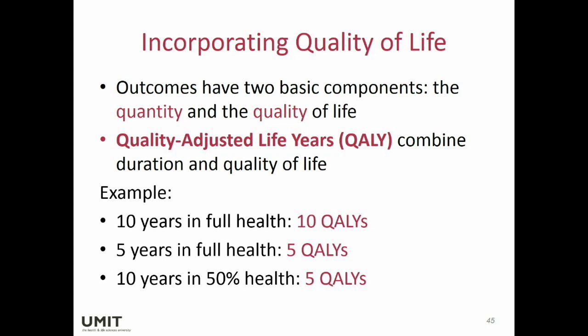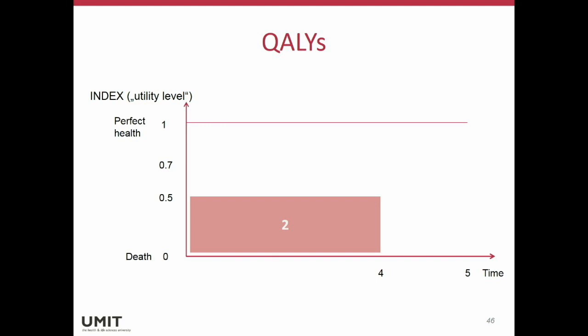But that's the combination we're interested in. There are other concepts, and some people say that's too simple, but it's less simple than just looking at one or the other. On this slide, I show you how QALYs can be understood visually over time. You see the x-axis going from time 0 to year 4 and 5, for example.